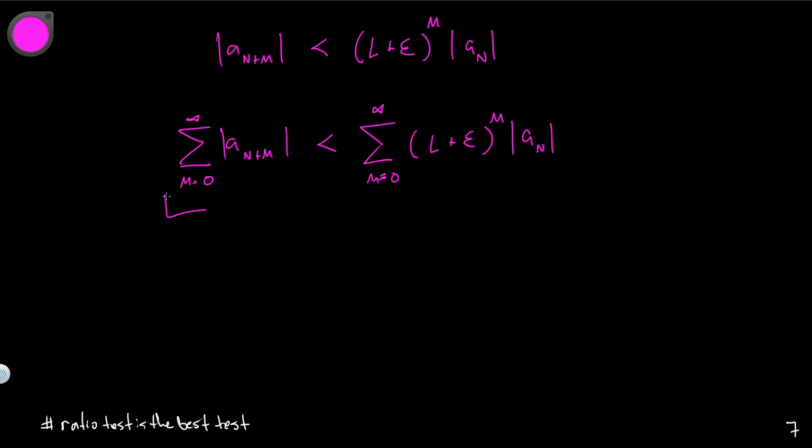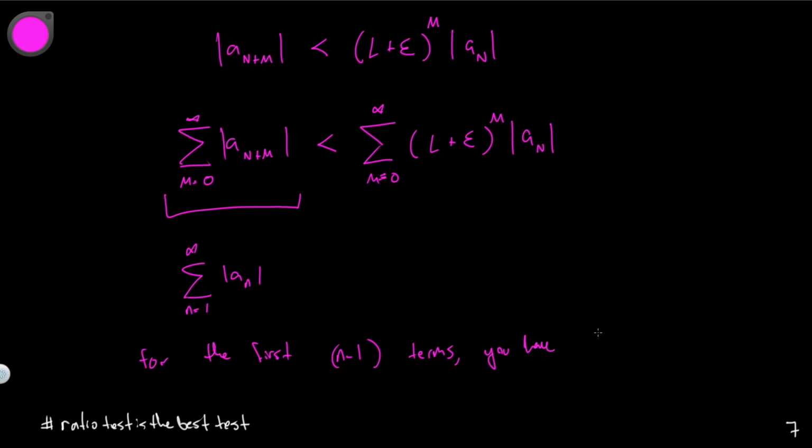But if I can figure out if this thing converges or diverges, that will tell me whether or not A sub n converges. Why? Because for the first n minus 1 terms, you have a finite series.